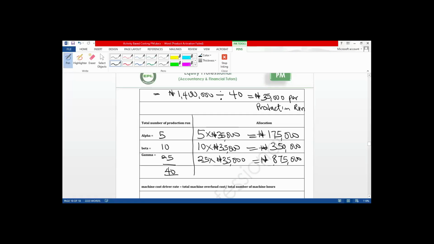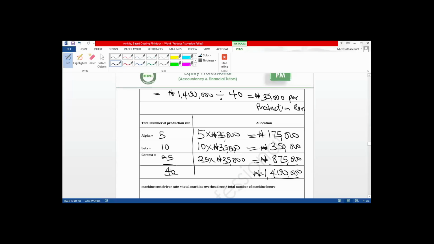If you sum up these three total, it must give you back 1,400,000. That is the total setup overhead. Please sum up. What do we have? 1.4 million. If you sum up and you don't have the total overhead of setup, that means there's a problem.